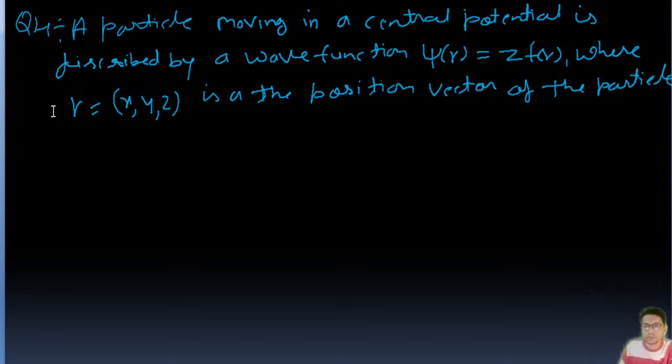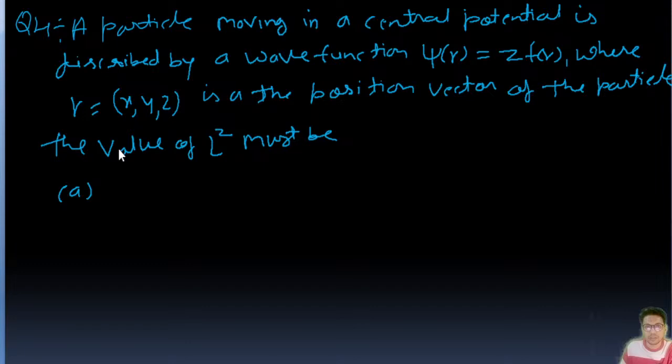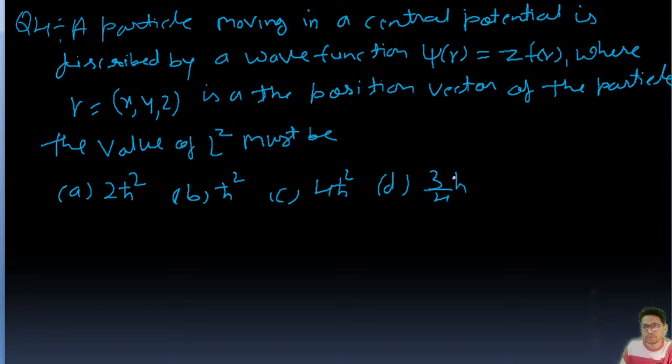The value of L² must be: option A is 2ħ², option B is ħ², option C is 4ħ², and option D is 3/4 ħ². Okay, so a particle is moving in a central potential.